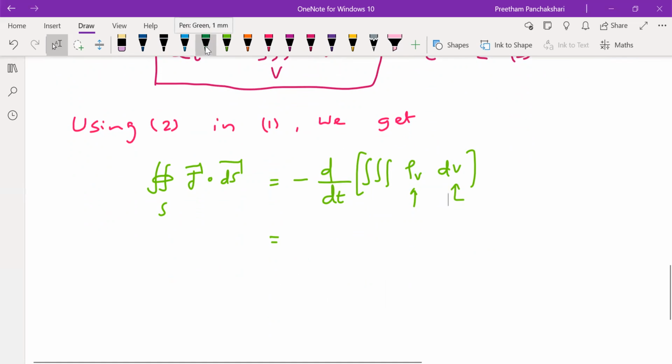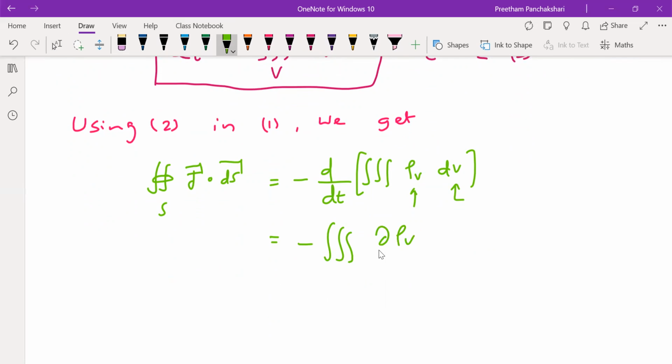So in my next step, I would like to take out the integral from rho v to combine rho v with dou by dou t dv. In this case, I would like to make two things clear. One is that differentiation and integration are interchangeable, because differentiation is with respect to the variable time, whereas the integration is with respect to volume, the space.